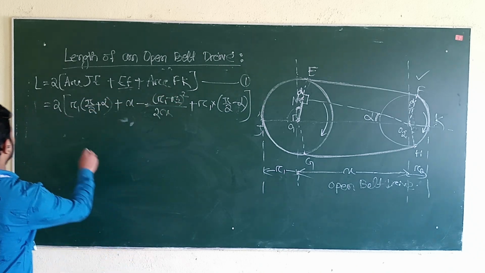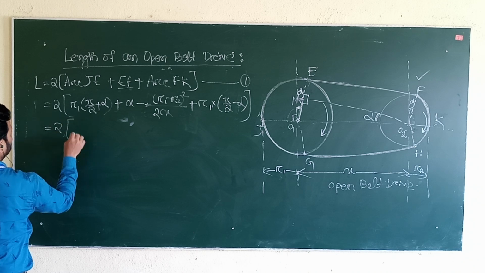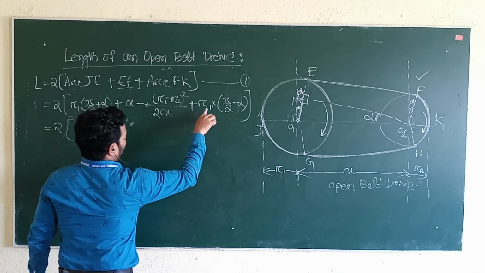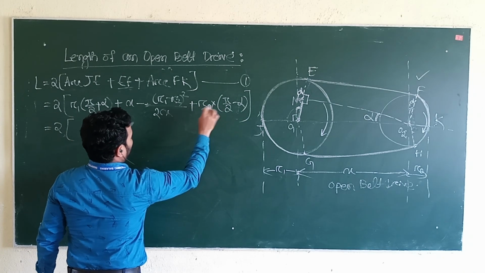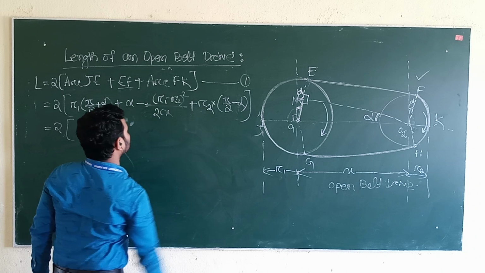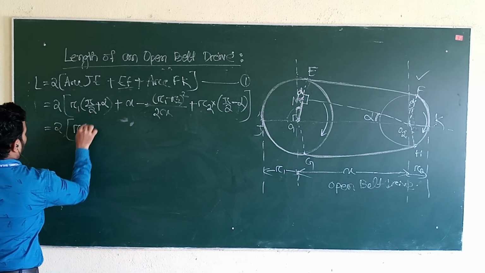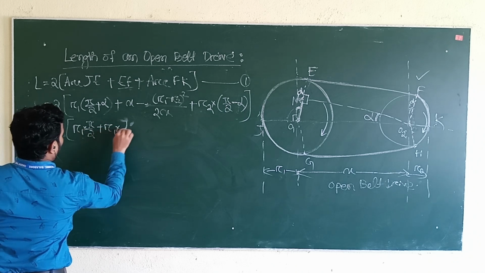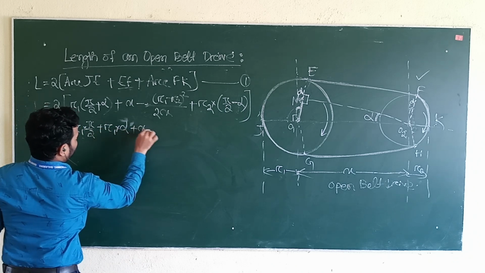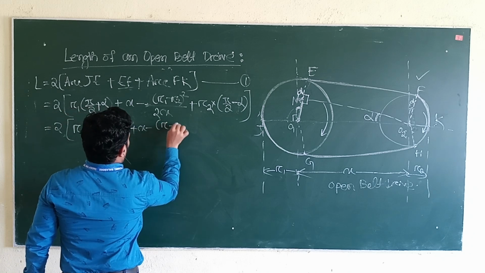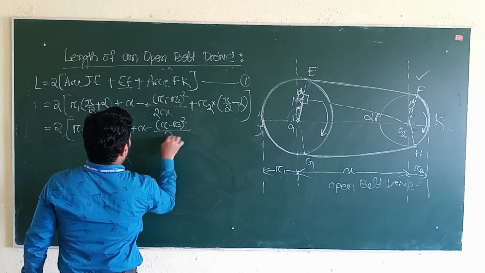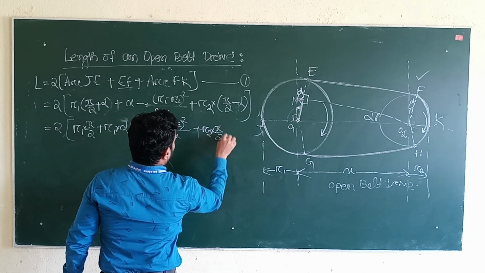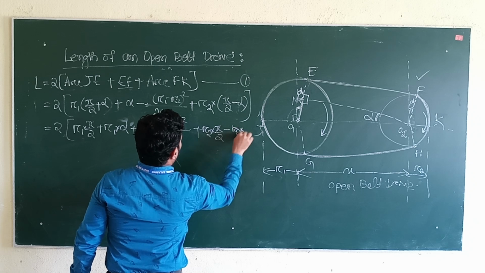Now in the next step, what will we do? First we will multiply R1 with pi by 2 and alpha, then R2 with pi by 2 minus alpha. So what will happen? R1 into pi by 2 plus R1 into alpha plus X minus R1 minus R2 square by 2X plus R2 into pi by 2 minus R2 into alpha.